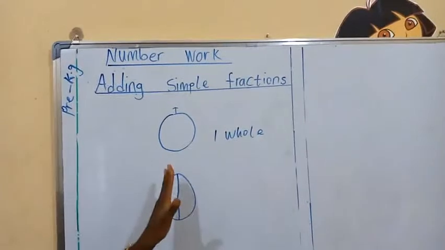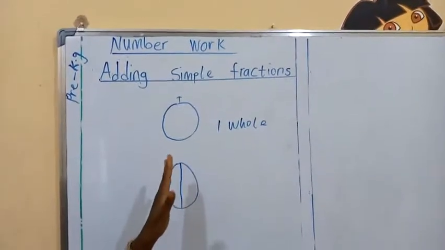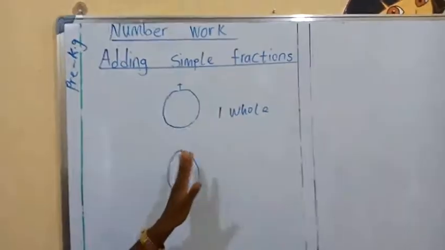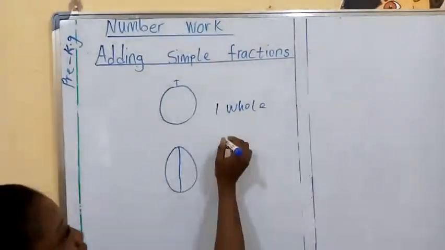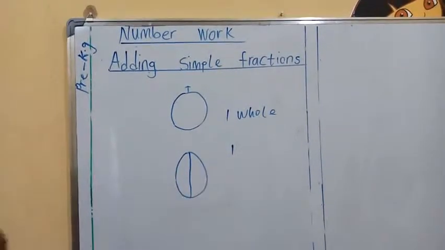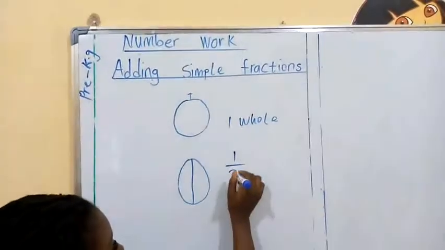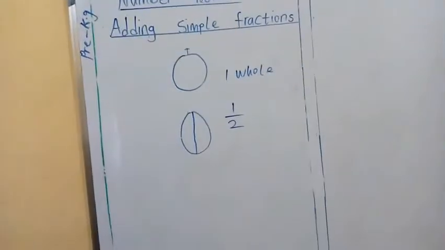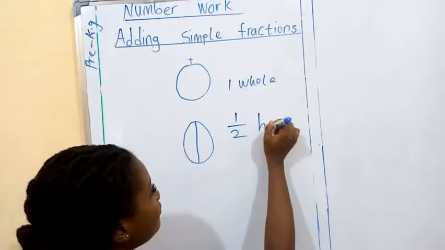You've successfully divided this egg into half. So now remember this, how many egg was given to you? Just one. And you divided it into how many? Two. So how will you write your half? 1 all over 2. So that's half.